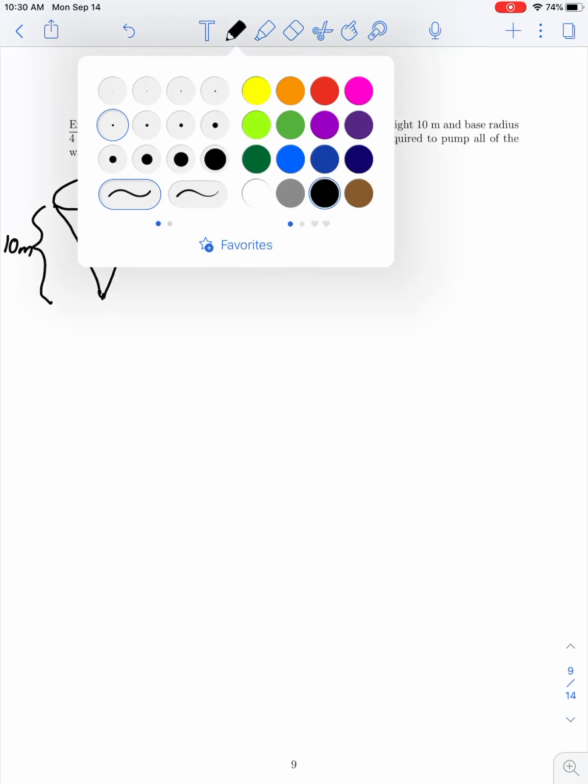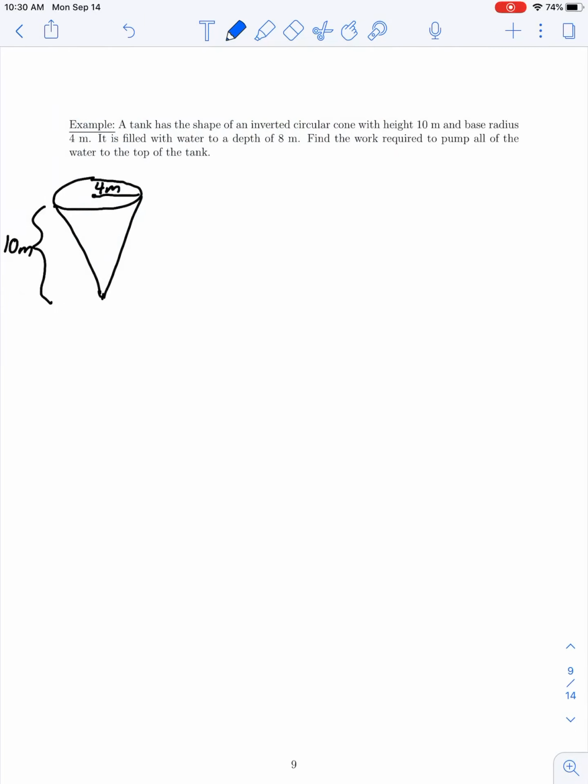And we're told that this tank is filled with water, not completely, but to a depth of 8 meters. So we're asked, what is the work required to pump all of this water to the top of our tank? So as we did with our previous example, let's consider taking a slice or a slab of our water at a distance of x meters from the bottom of this tank.